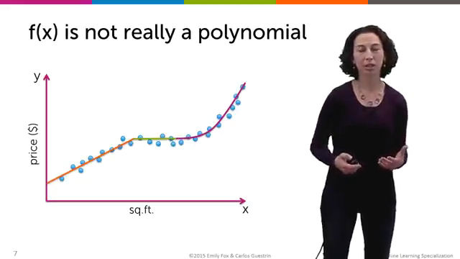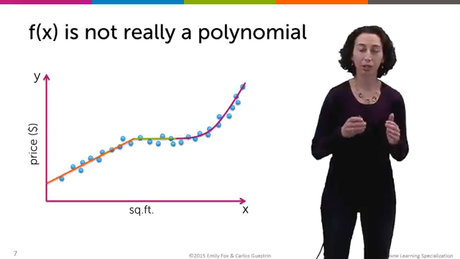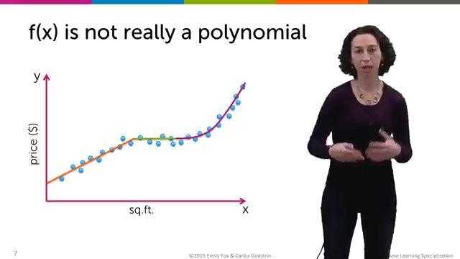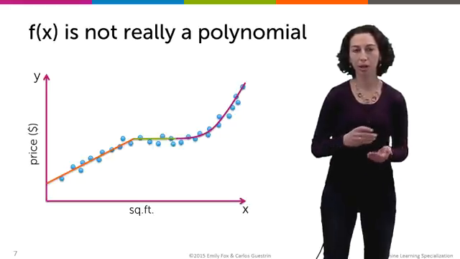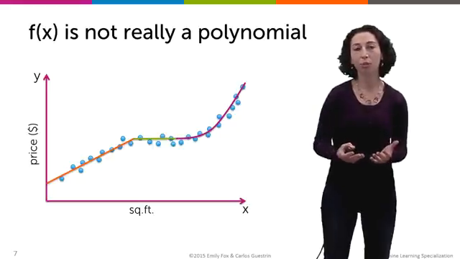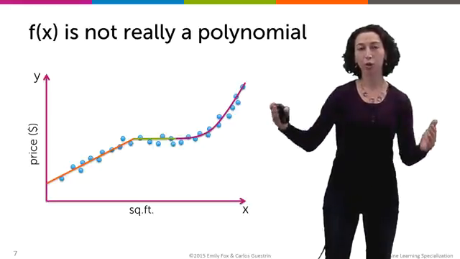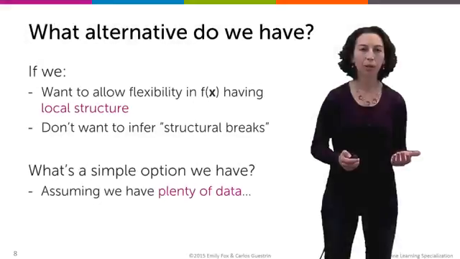So this motivates this idea of wanting to fit our function locally to different regions of the input space, or have the flexibility to have a more local description of what's going on than our models, which did these global fits, allowed. So what are we going to do?